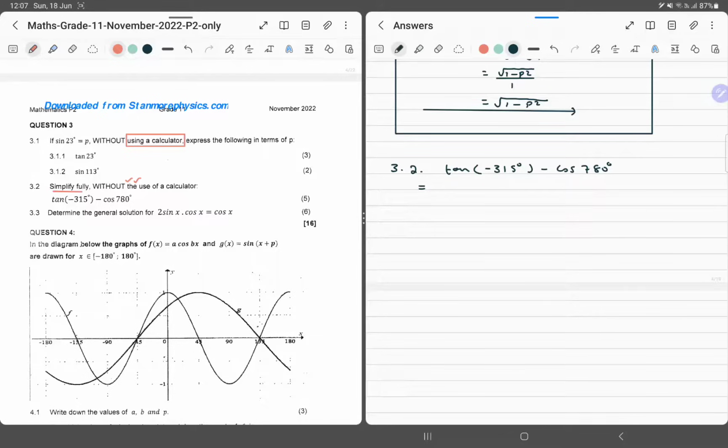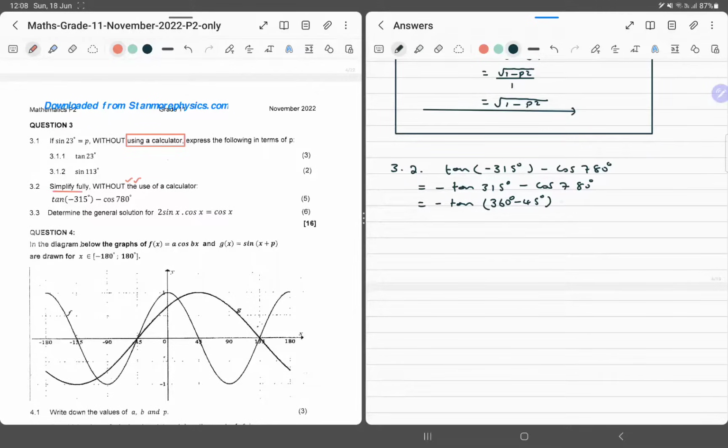So tan of a negative angle basically is minus tan of that negative angle, but now looked at positively, minus cos of 780 degrees. Okay, now we need to employ reduction formula. This is in the fourth quadrant, so let's say 360 minus 315 is 360 minus 45, so this is 360 degrees minus 45 degrees.